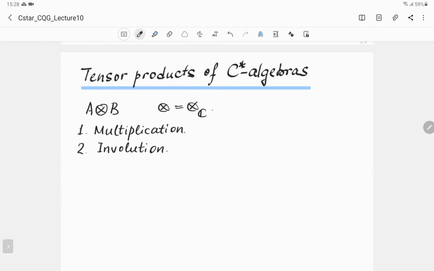This is also easy, but this requires a bit of mathematical culture, because the involution is not a linear operator, but is an anti-linear operator. The next step will be to define a C-star norm on the tensor product. That is a norm which satisfies the C-star axiom. And this is quite non-trivial.